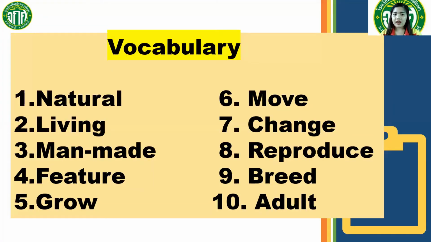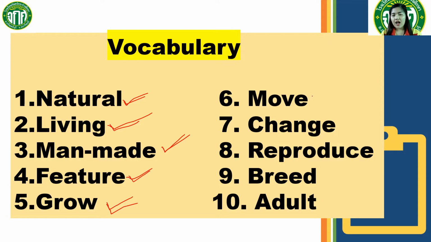I muted everyone so that it won't be noisy. Number 1, natural. Number 2, living. Number 3, man-made. Number 4, feature. Number 5, grow.